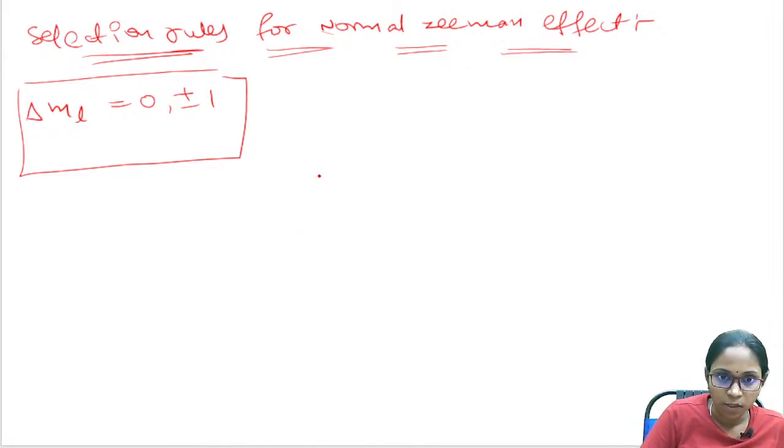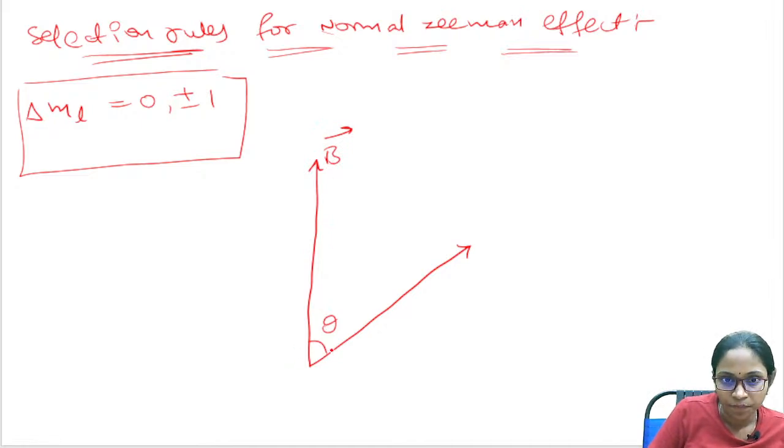See, as I said, in the external magnetic field, there will be some angle between this external magnetic field and the J value.